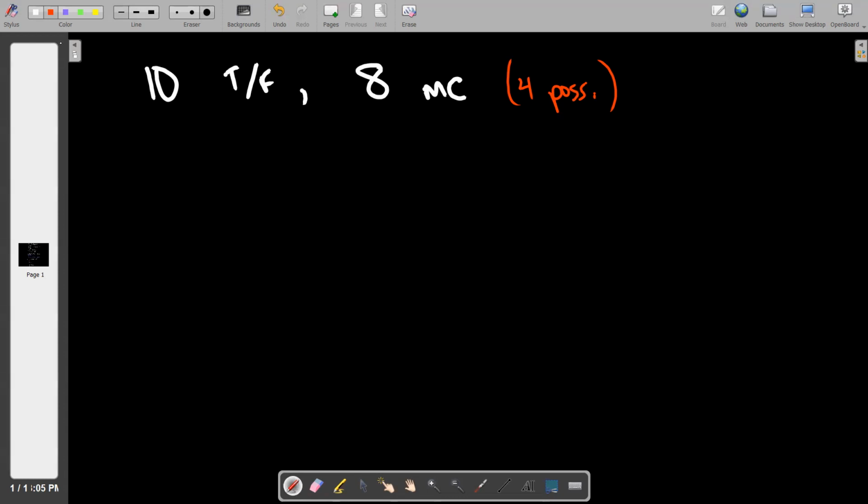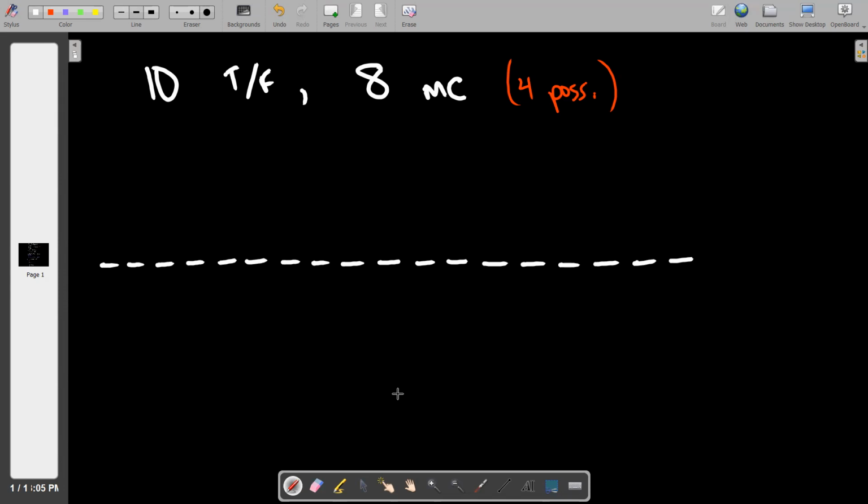And so if I'm going to make the structure of my test, I'm going to need to build 18 blanks, right? Which is going to get pretty obnoxious in this case. So I'm going to go 1, 2, 3, 4, 5, 6, 7, 8, 9, 10. And then I'm going to draw my 8 multiple choices. 1, 2, 3, 4, 5, 6, 7, 8. And there are shortcuts to this, obviously.